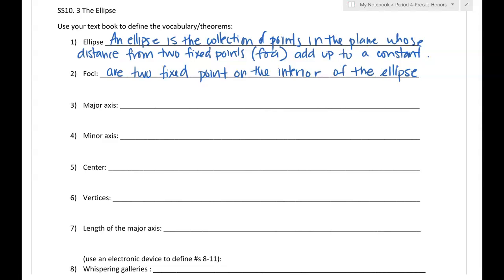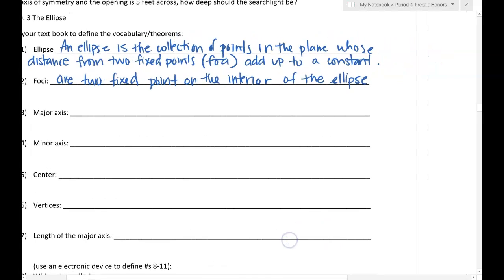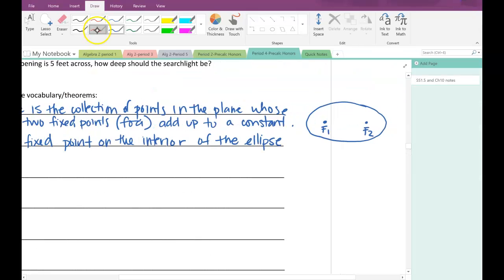Now the ellipse has 2 foci, which is two of them. So what does that mean by these definitions? Let me just give you a little picture, in which we will probably draw a lot more pictures in a little bit. So let's call this focus 1 and focus 2, okay? And it's actually a collection of points.